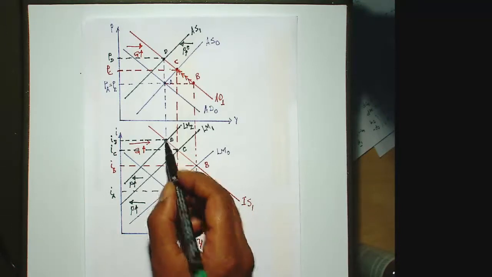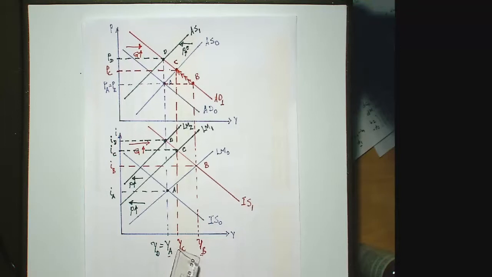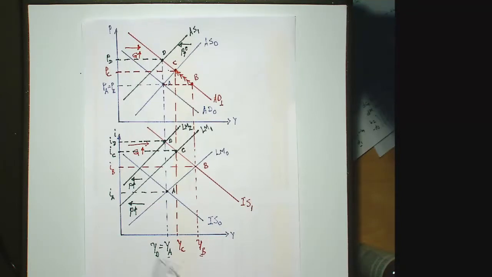However, at point D, our income is actually equal to our initial income YA. So here we have seen that there is a return of the production level to its initial point, from YB to YC and then again to YA, or YD is equal to YA. So we have maintained our production level at its natural level.